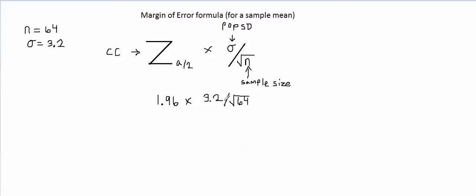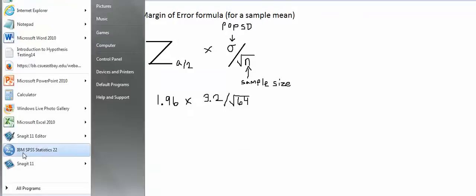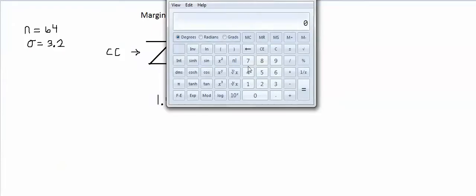So this is really only going to take 3 steps. And I'll show you what those 3 steps are. First, we have to find the square root of our sample size. We have to find the square root of 64. We can do that by just going to a calculator, entering in 64, and then pressing the square root key. And we find out that the square root of 64 is 8.